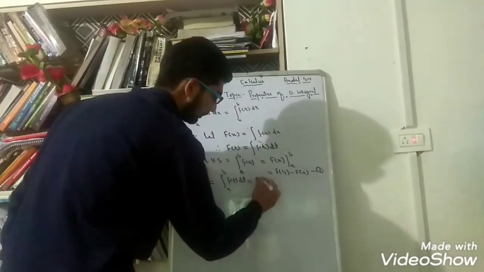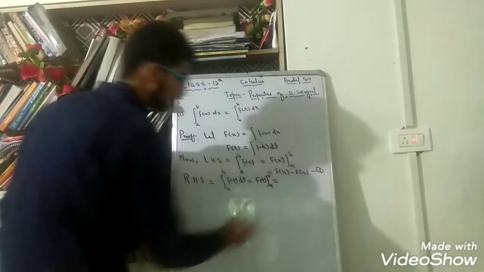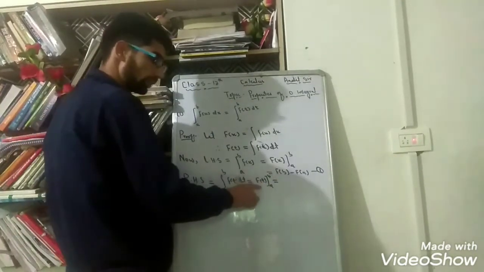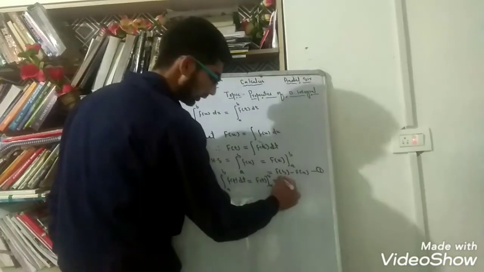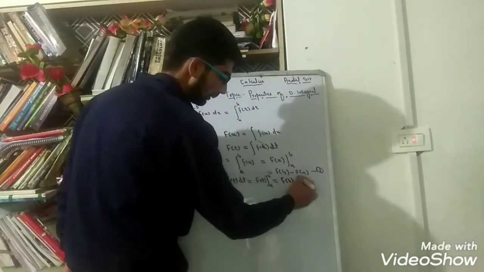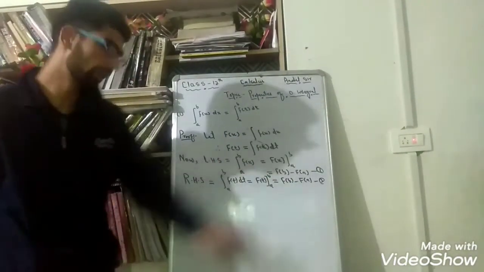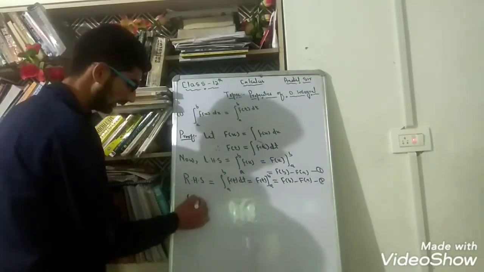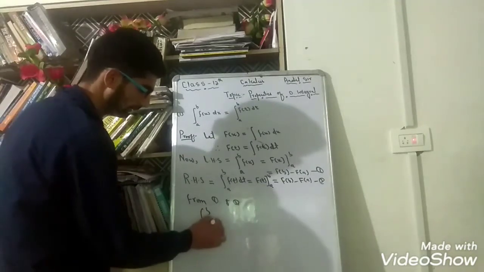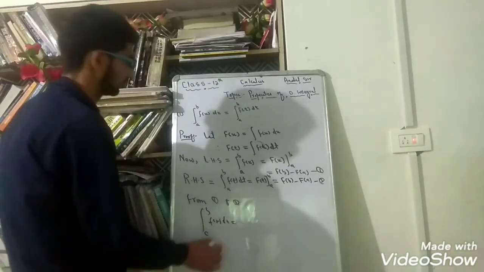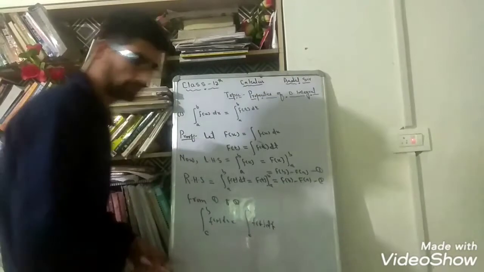By the fundamental theorem of integral calculus, we have to give the value of t as b and a, so it will come out as F of b minus F of a. Hence, from the first and second equation, we are getting LHS and RHS are the same. Therefore, you write here from first and second, integral of a to b f of x dx is equal to integral a to b f of t dt. This is our first property.